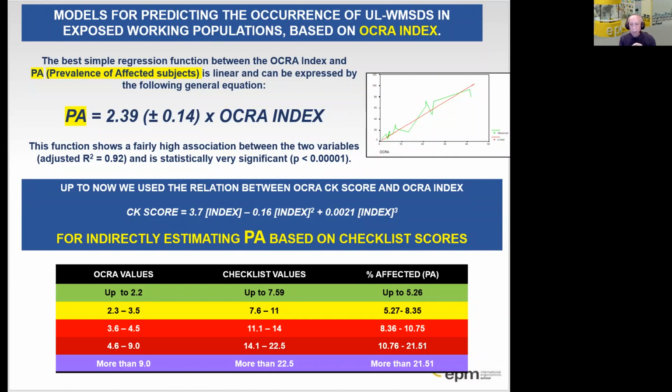And given the strict relation between the OCRA checklist score and the OCRA index, we indirectly estimated the expected PA based on the checklist score.